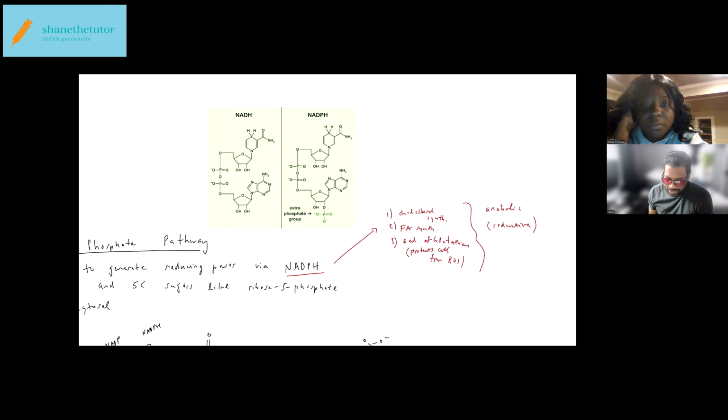So the NADPH would reduce any of these, and then the NADPH itself would get oxidized back into NADP.